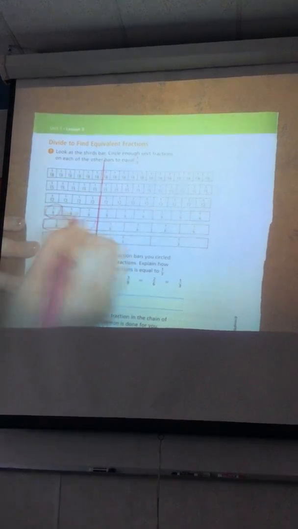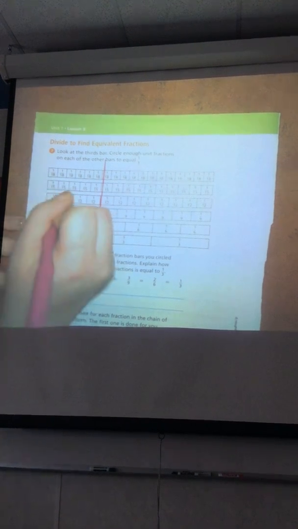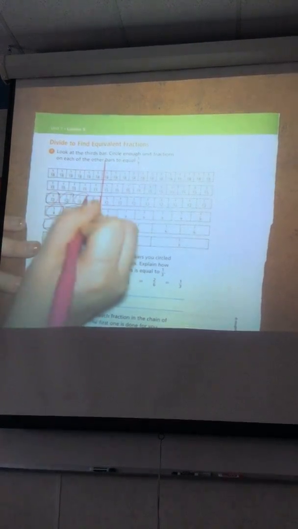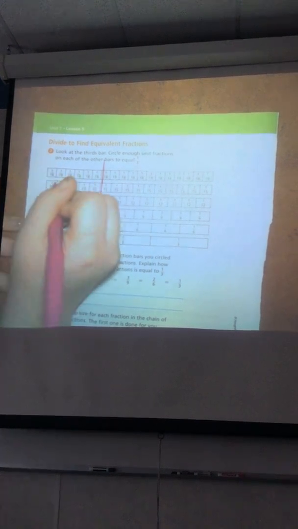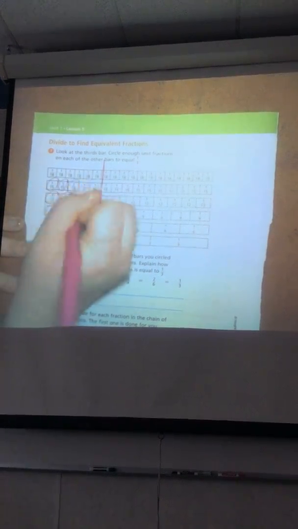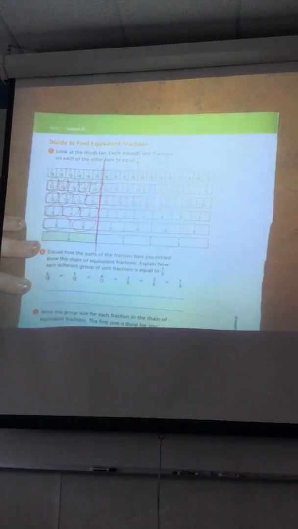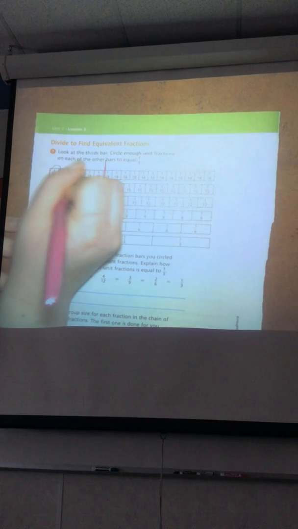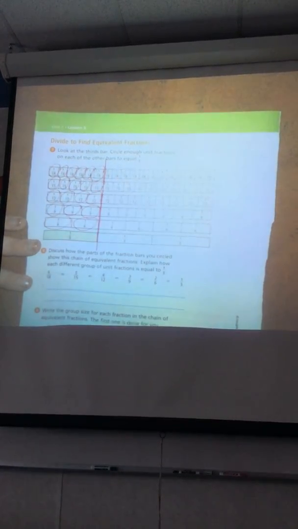Then we have 1, 2, 3, 3/9 equals 1/3. Then we have 1, 2, 3, 4, 4/12 equals 1/3. Then we have 1, 2, 3, 4, 5, 5/15ths equal 1/3, and then we're up to 18ths where we have 1, 2, 3, 4, 5, 6, which is 6/18ths.